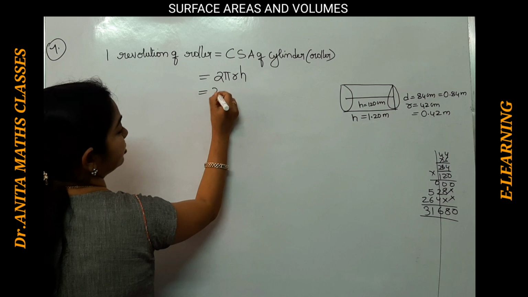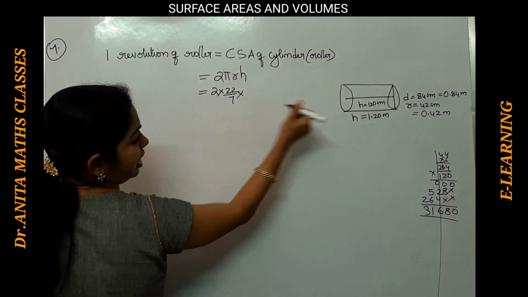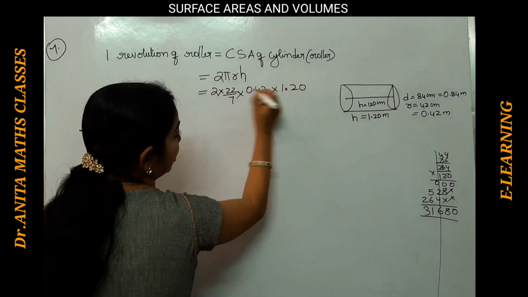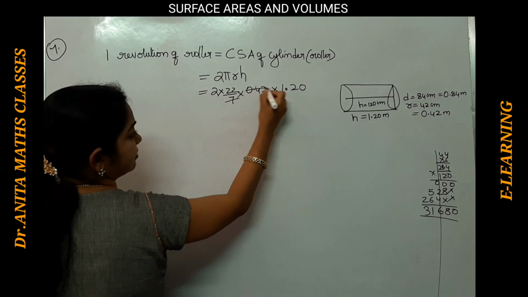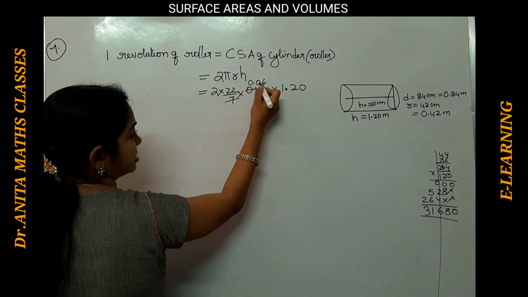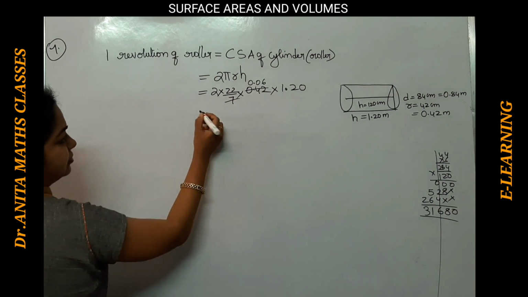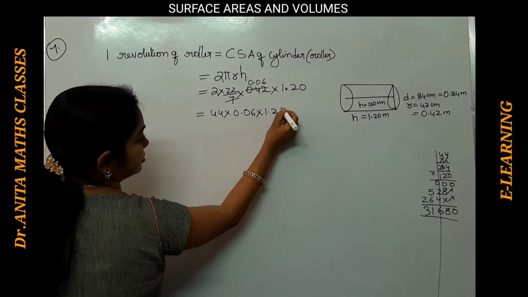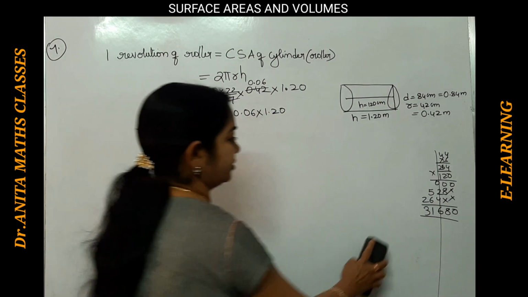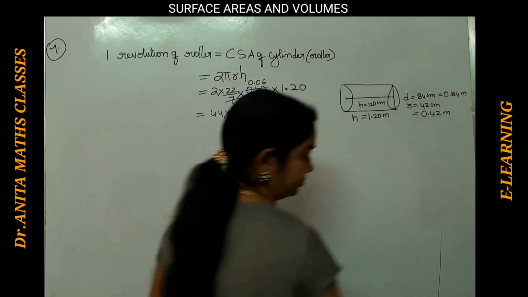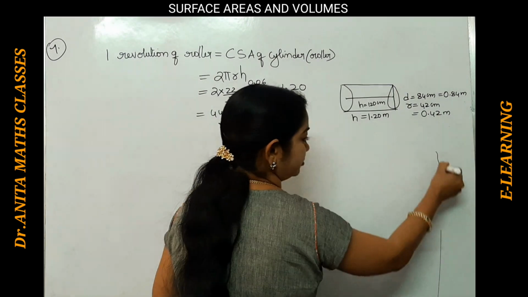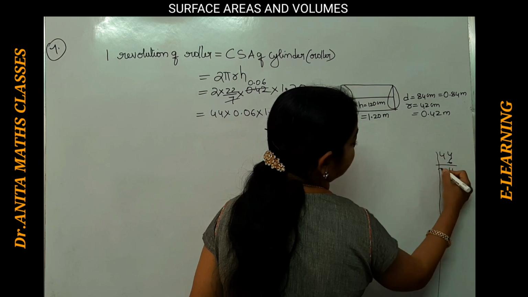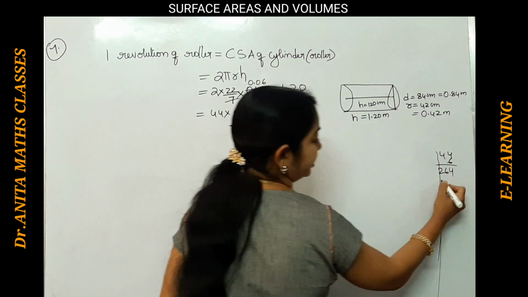Now 2 into 22 by 7 into r, which is 0.42, into h, which is 1.20, all in meters. We cancel the 7s, and get 44 into 0.06 into 1.20. Doing the calculation here, 44 into 6 is 264, and later we will place the decimal point.